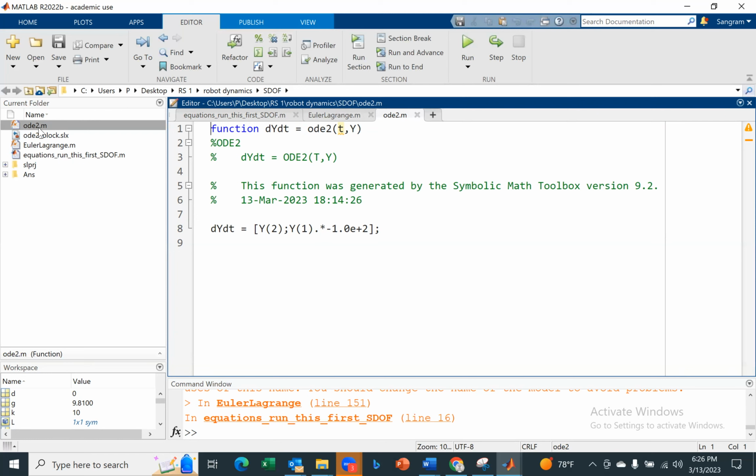Please understand, x double dot is equal to minus k by m x. Do you agree with me? x double dot is equal to minus k by m x. This is the same way I have written this differential equation.